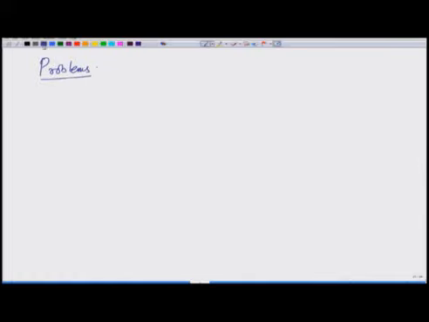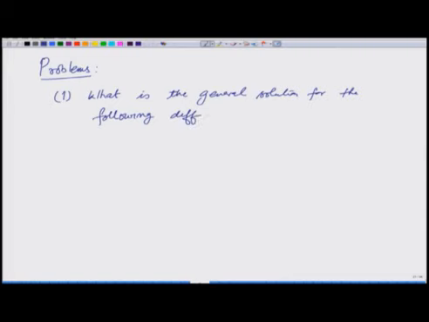So, I am going to ask you problem number 1. What is the general solution for the following differential equation?